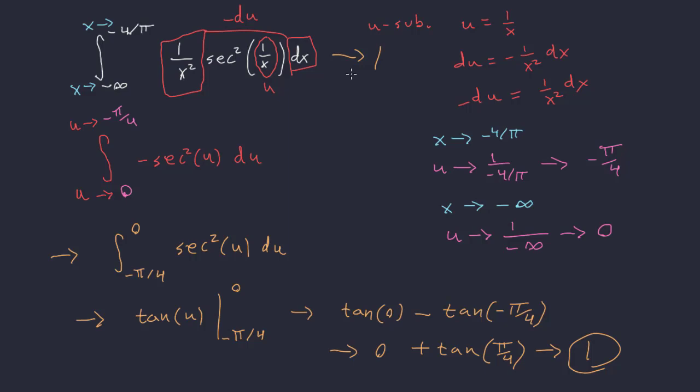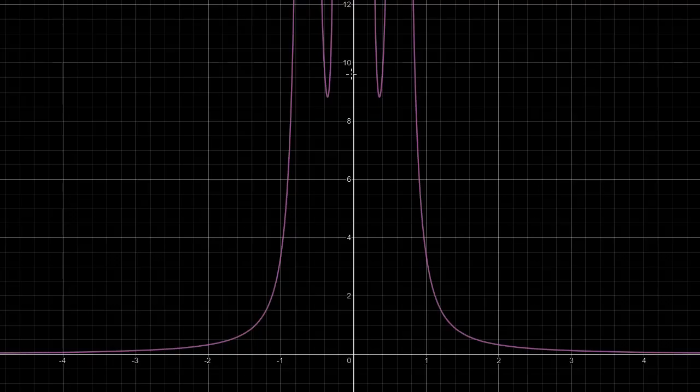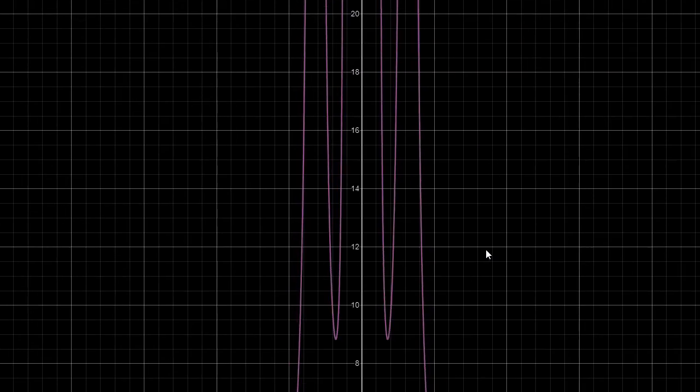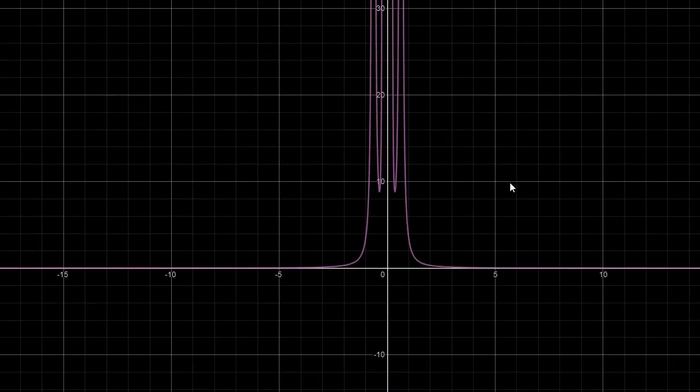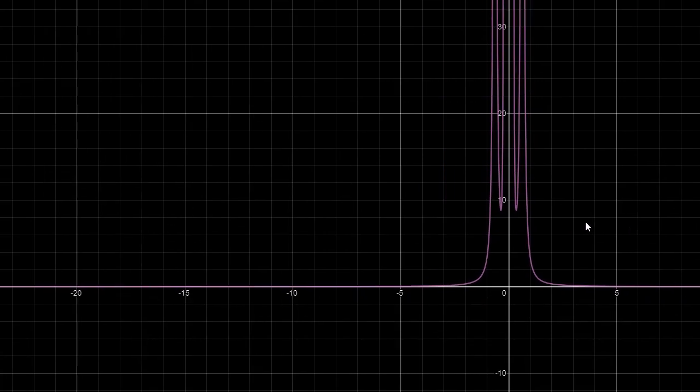Let's take a look at a graph and see if that actually aligns with what we're seeing here. Okay, so here's a graph of 1 over x squared, secant squared of 1 over x, and close to 0, if we pan up here, we see some very strange behavior happening. At 0, we get blow up here and blow up here.